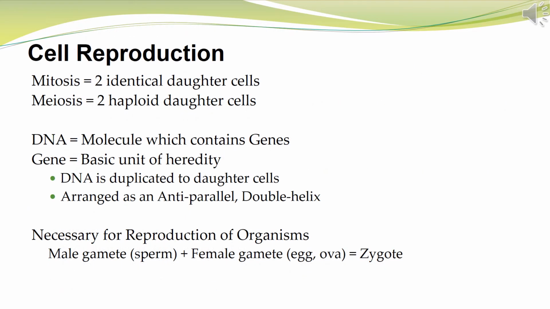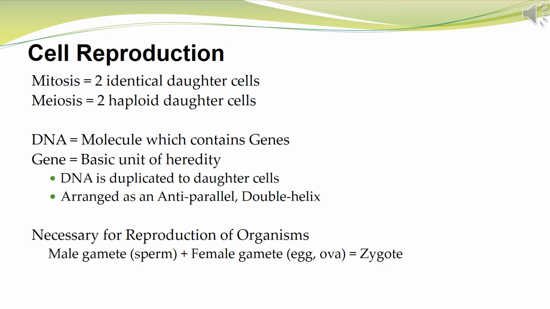Let's talk about cell reproduction, and there are two methods by which cells reproduce. The first one is mitosis, which is the process that our somatic or regular body cells carry out to make more of themselves. And this results in identical daughter cells, which contain the same amount of genetic material as their predecessor cell.